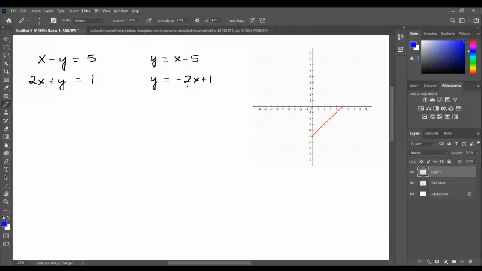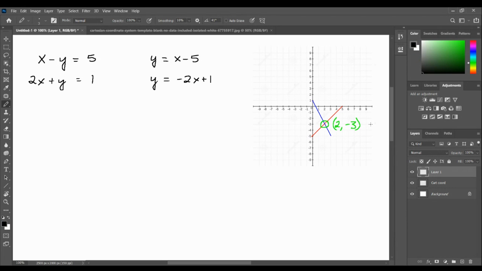With the second one, it has a y-intercept of 1 and a slope of negative 2, so drop 2 over 1, another 2 over 1, just to make it long enough. And we can see that this pair of lines intersect each other right there at the point (2, negative 3).